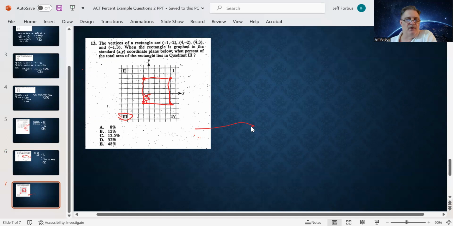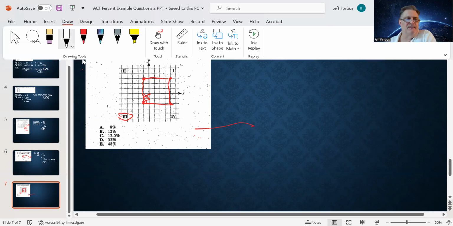Now there's a total area of 25 because there's 1, 2, 3, 4, 5 in each column going across, and then there's 5 going down. All right, so that's 2. Let me change my pen tip back to white.